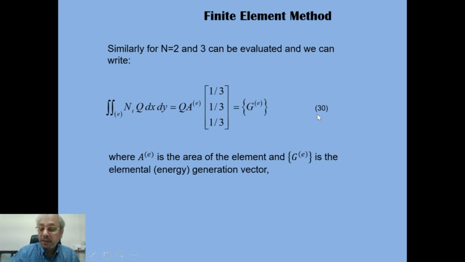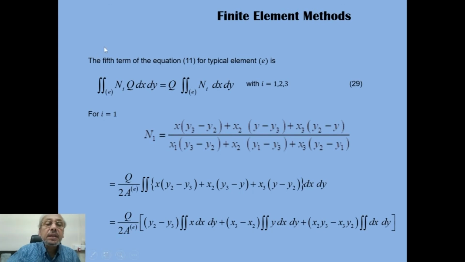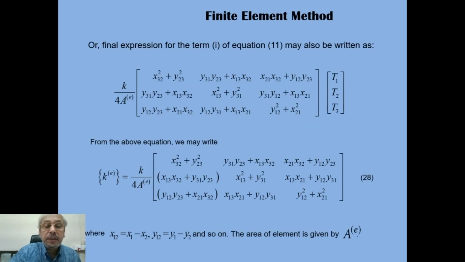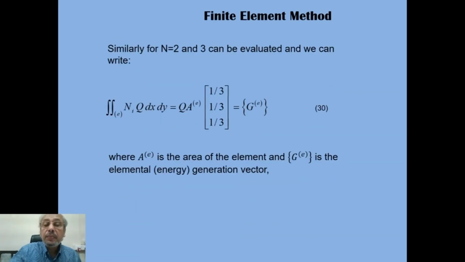That is equation 30. So with equation 30, we have evaluated the fifth term of this integral, and the first term of this integral also we have evaluated, which is K into again T1, T2, T3, the column vector. So these two integrations are over. We will perform the remaining integrals and then talk about the strategy of assembling them for an element.